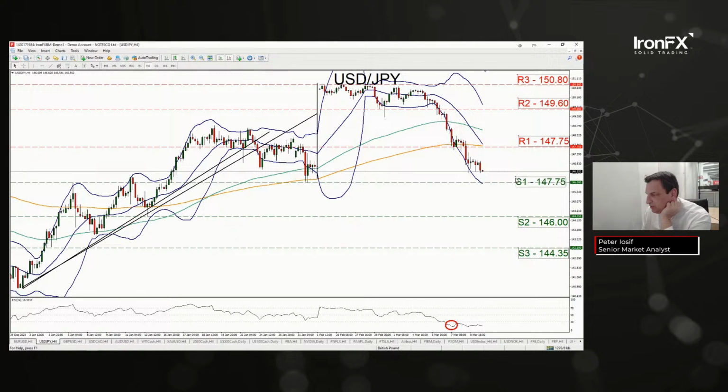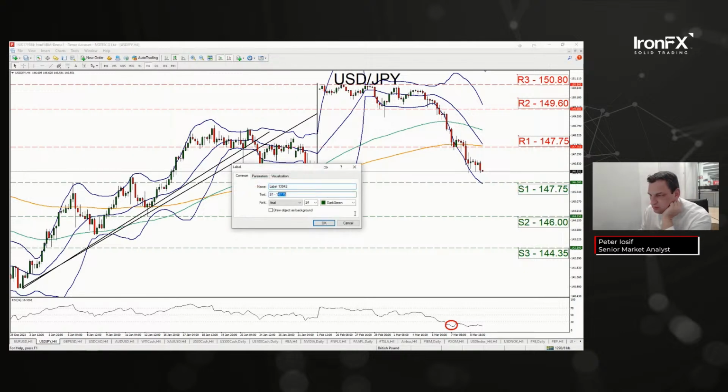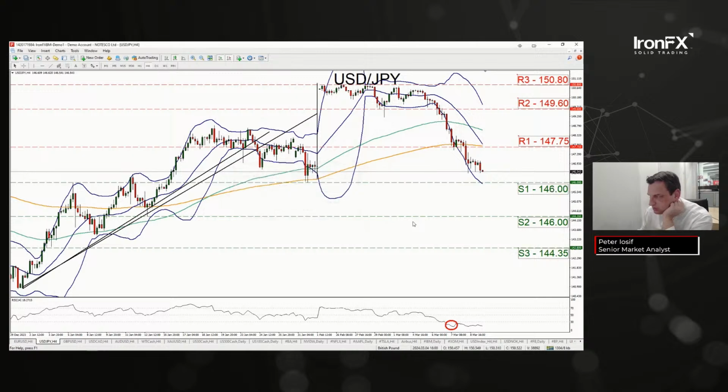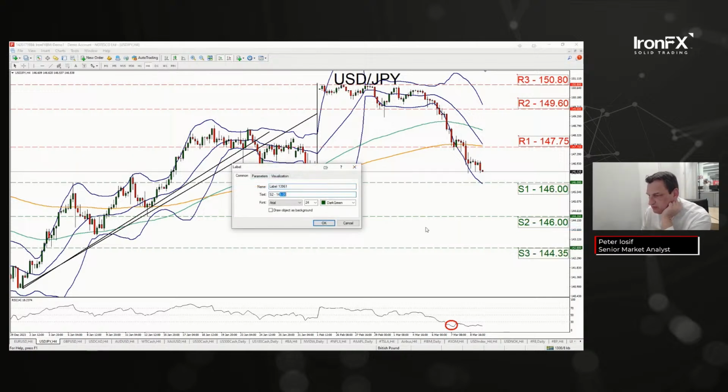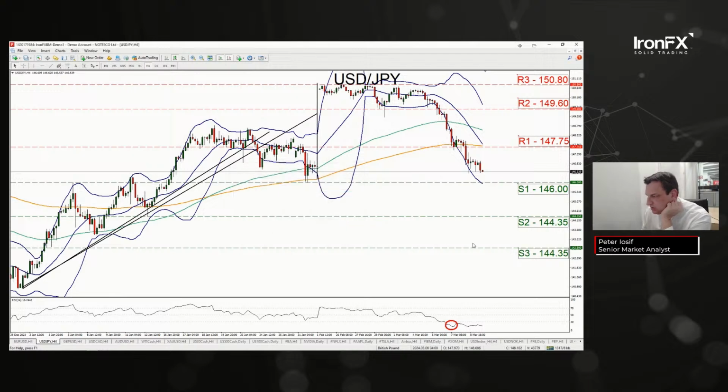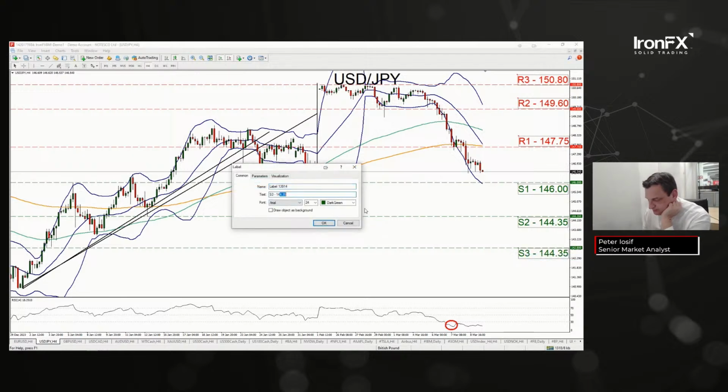First support line now being set at 146. Second support line at 144.35. And the final support line at 142.80.